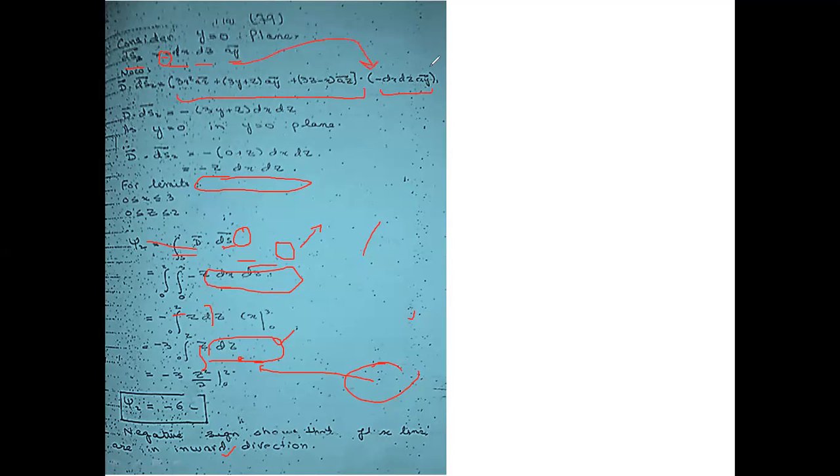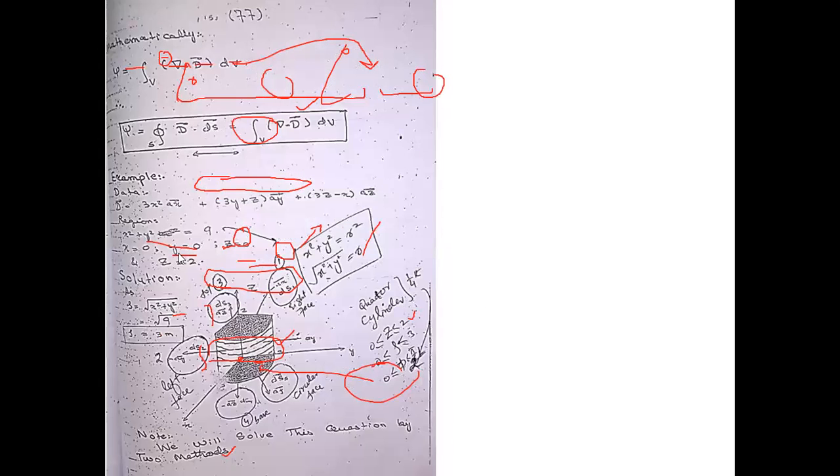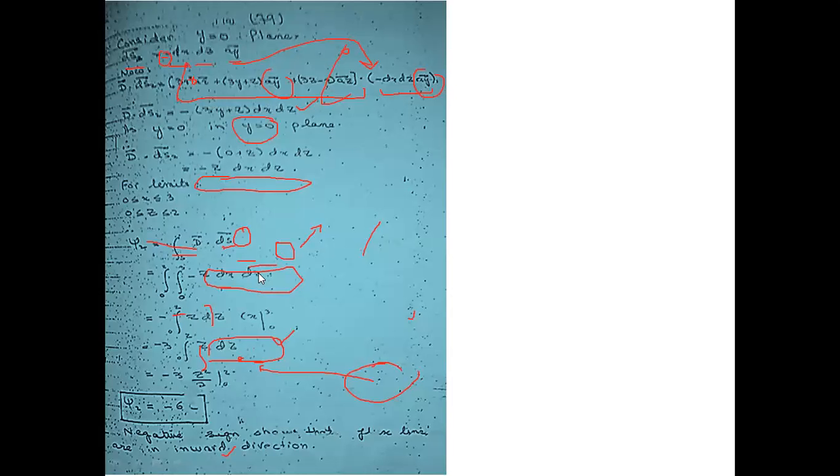Again this is the ay, so we will multiply this component with this only, and these two will be 0. So we will get this. And now we have to replace y is equal to 0, because this is in the y equals 0 plane. Given where is the equation, this one, y is equal to 0. After that we will find for the z is equal to 0 and z plane as well. Now replacing y is equal to 0 in this expression, we will be left with minus z dx dz.